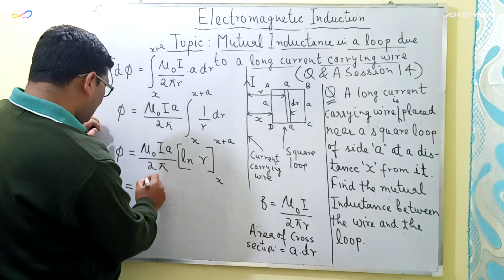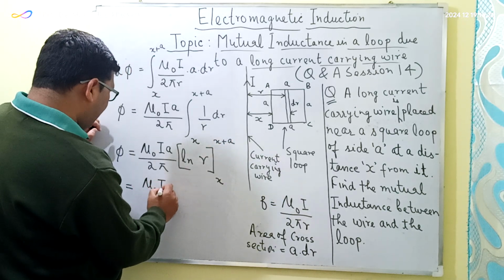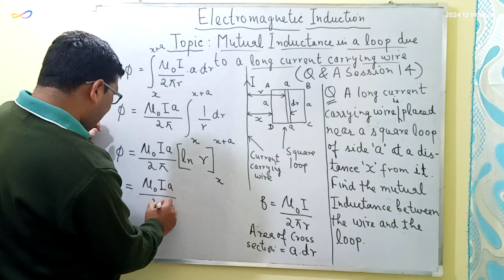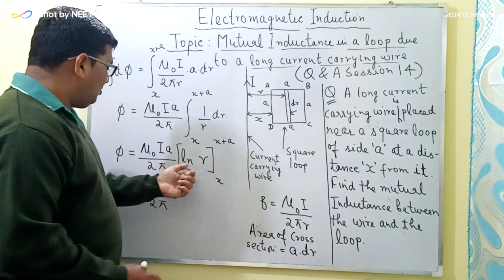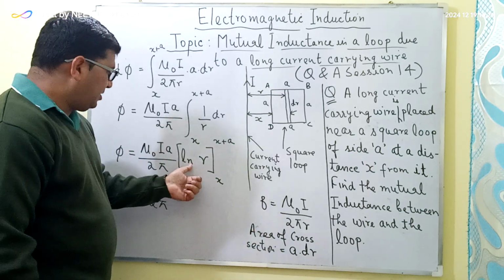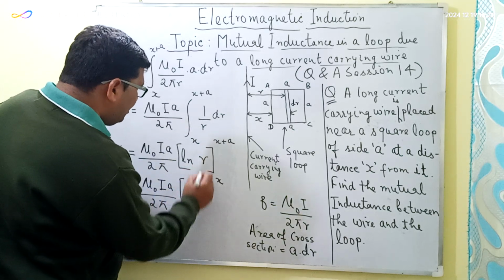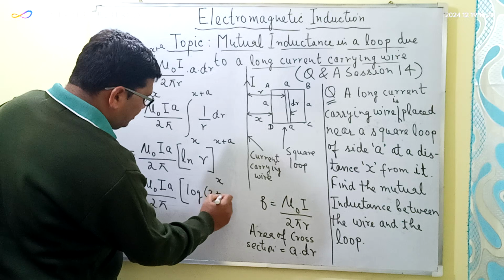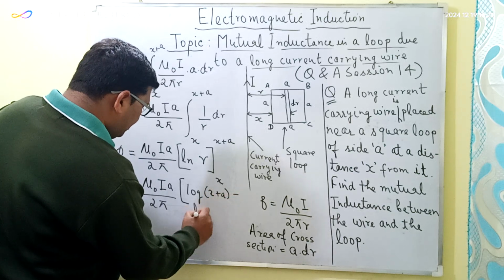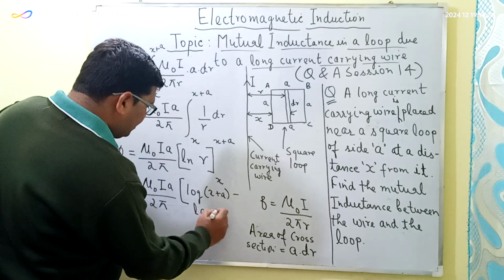So this is equal to mu naught I a divided by 2 pi, and this is the natural logarithm, and this will be equal to log x plus a minus log x.